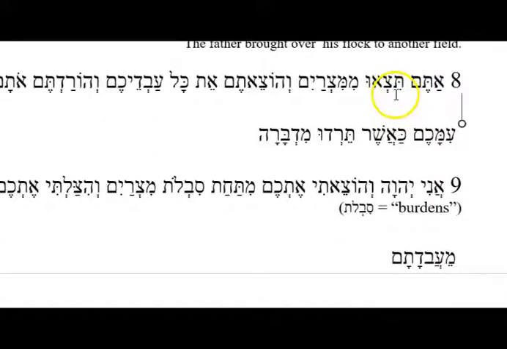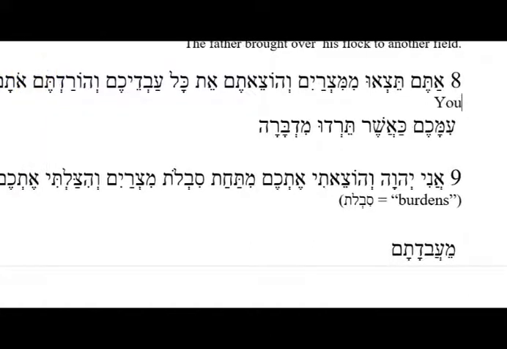Atem tetsu mimitzrayim. Okay, atem, that's our pronoun, you, masculine plural. Tetsu, what's going on here? It looks like we have an imperfect verb with a tav at the beginning and a shurik at the end.